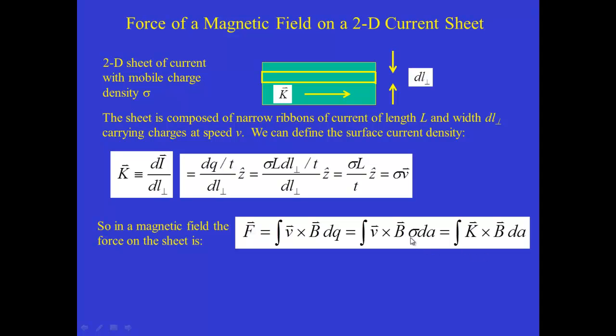And finally, we see that sigma times v can be written as K. Okay, so we've just done a little bit of bookkeeping here, and now we've expressed the force on the sheet in terms of this new quantity that we've called the surface current density. So it's the integral of K cross B dA.